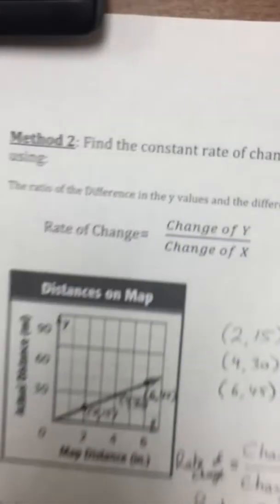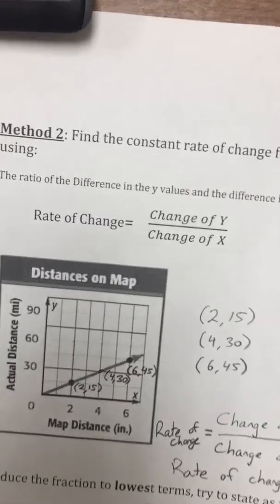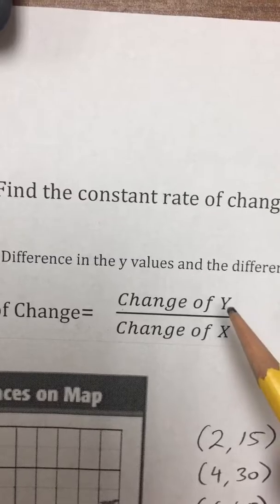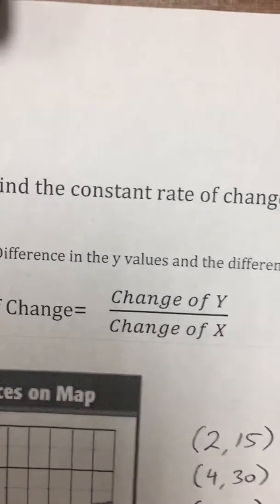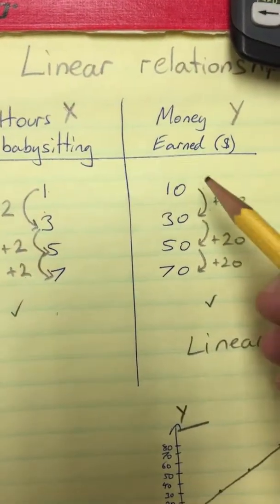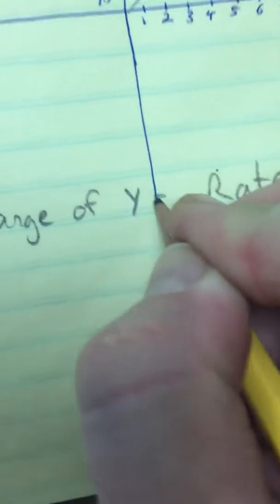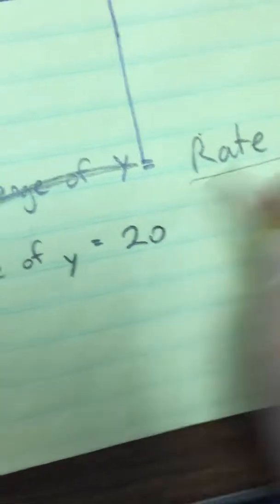So if we go back to our notes, the formula is rate of change equals change of y over the change of x. The change of y is 20.